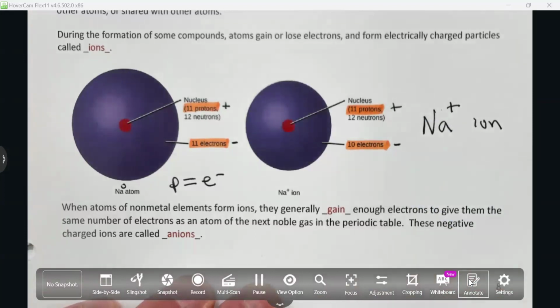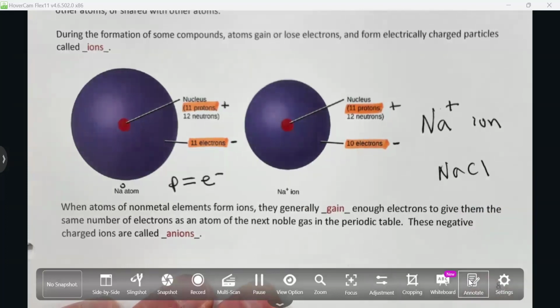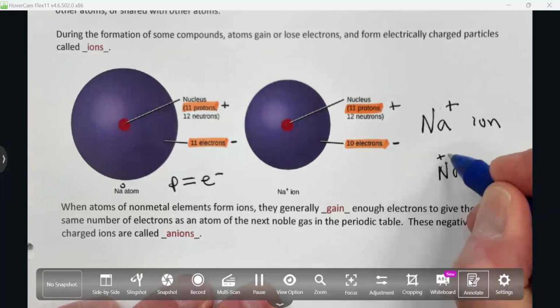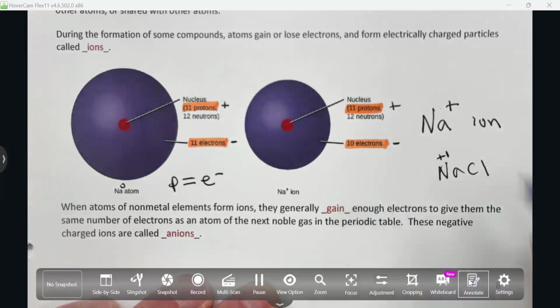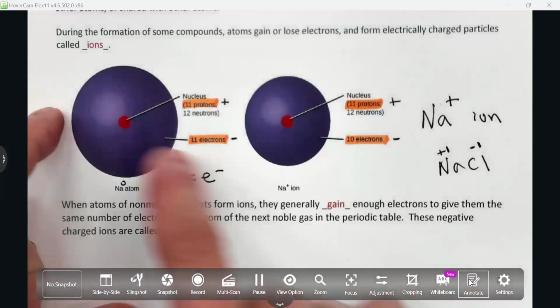To another element that wants it. What's an element that wants it? Chlorine, right? So we can come up with the formula NaCl, right? Positive 1 ion by losing an electron, negative 1 ion by gaining an electron. Sodium chloride. And notice the radius of the ion is less than the atom.